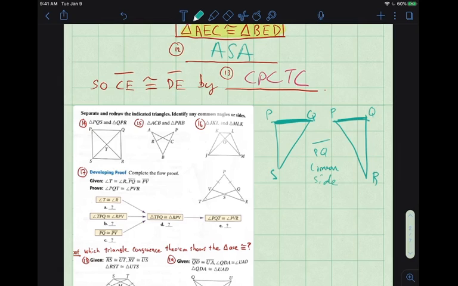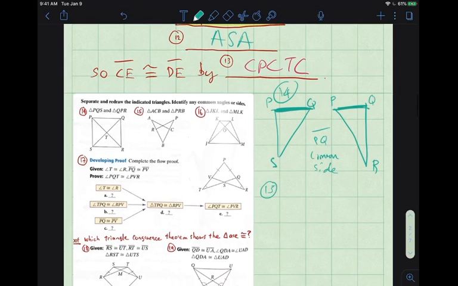Here, as we're separating things, number 15, A, C, B, A, C, B, P, R, E. This picture looks really similar to the previous one. They probably just changed the letters.